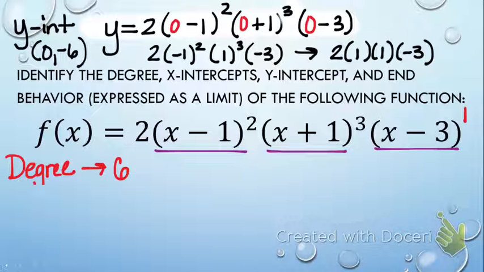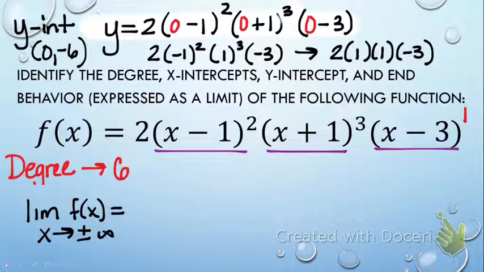So whenever it's the same, you can write it as one limit. So the limit of f of x equals, as x approaches positive and negative infinity, because it's a positive 2 and because it's even, both sides will go towards infinity. And that would be your limit. Your end behavior expresses the limit.